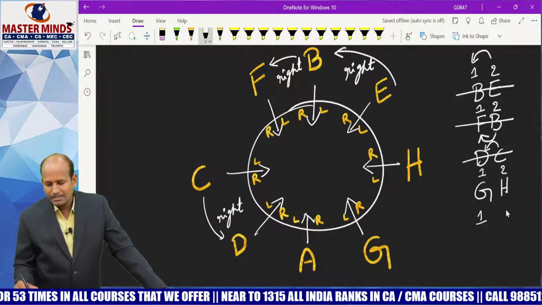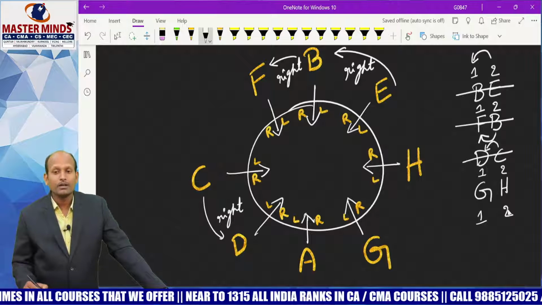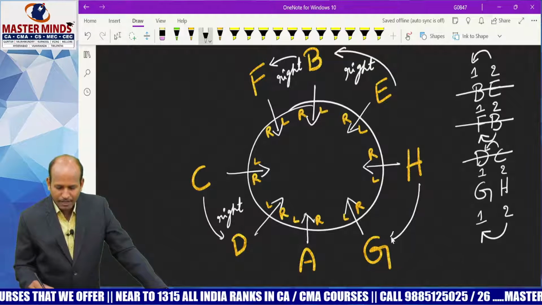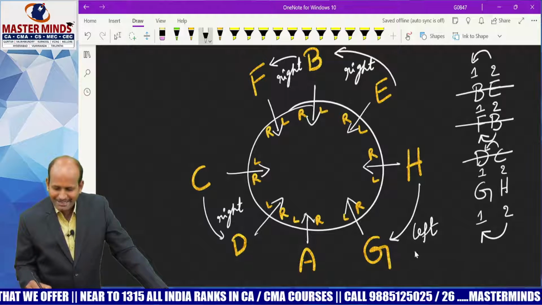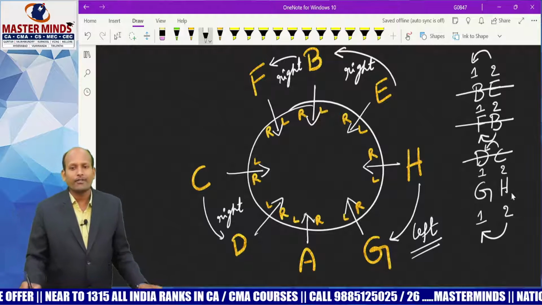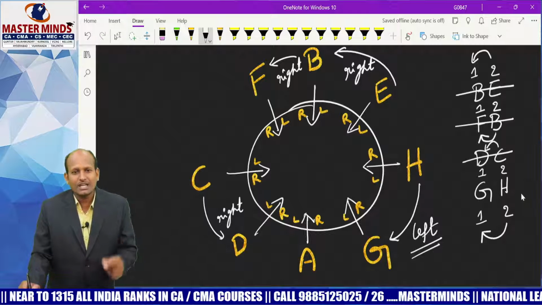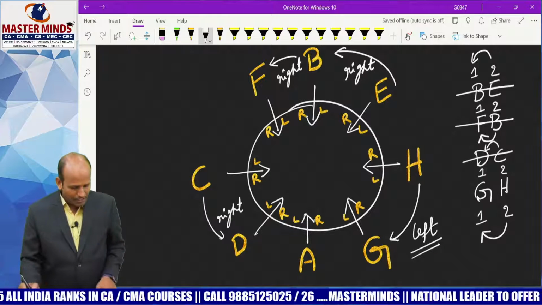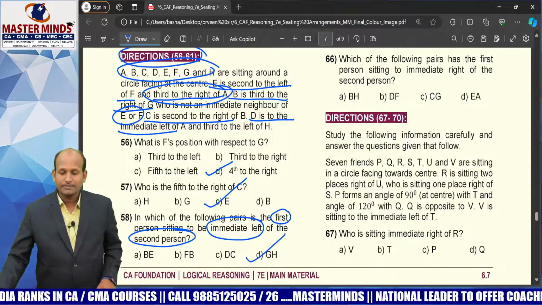If you take GH, G is the first member, H is the second member. G is exactly to the left of H. That means the first member G is to the left of the second member H. So your answer is GH.